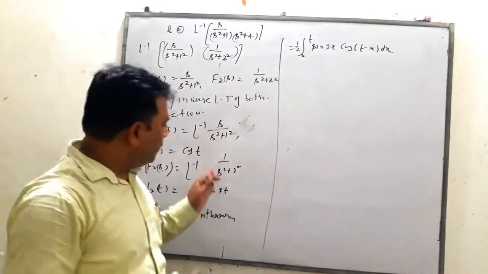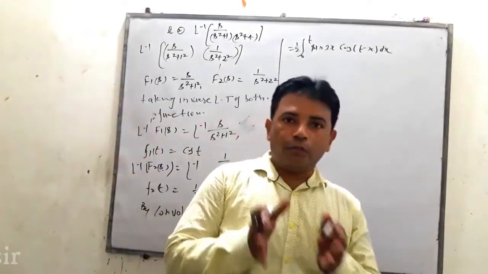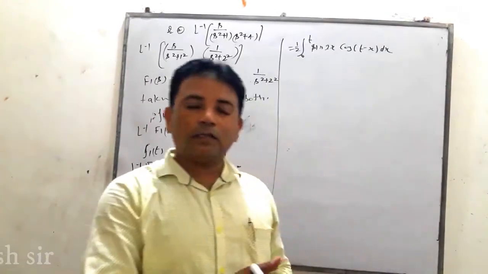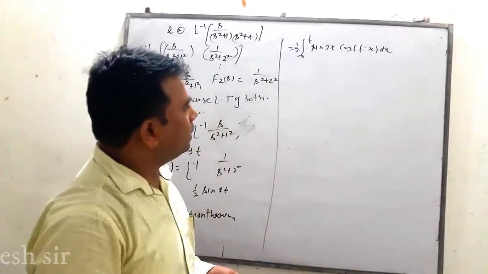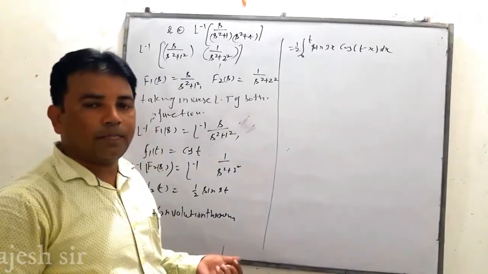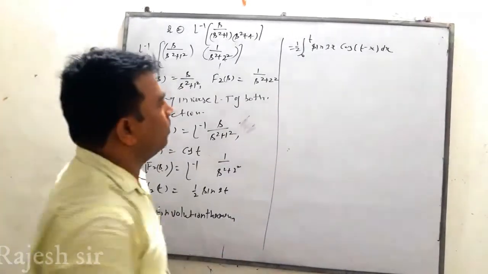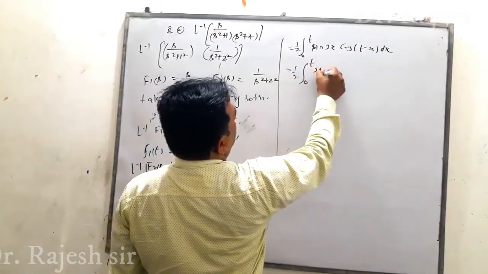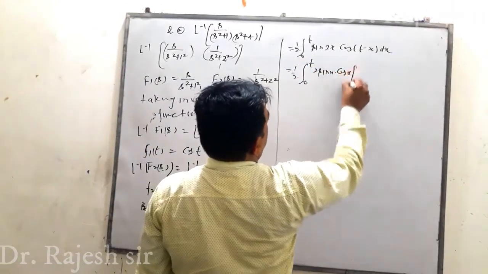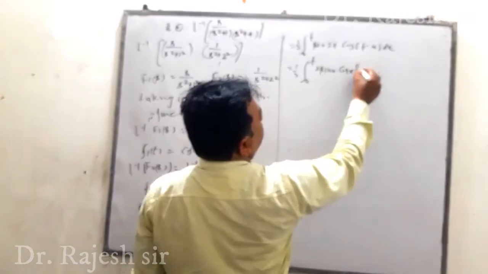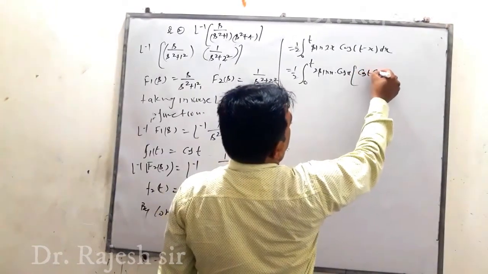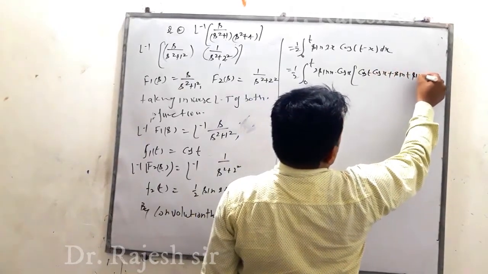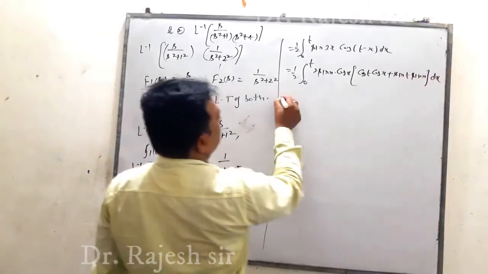We can choose any function for both; t replaced by x and t replaced by t minus x, this is your choice. So 0 to t, 2 sin x into cos x. We can expand using the formula cos t cos x plus sin t sin x dx.